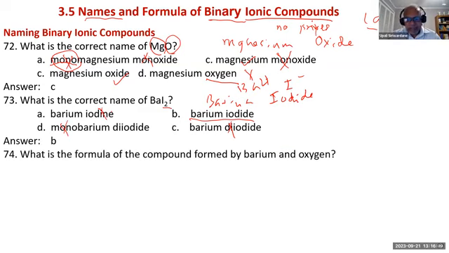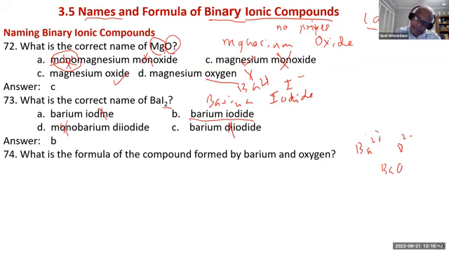What is the formula of the compound formed by barium and oxygen? Barium is 2 plus. Oxygen is 2 minus. Therefore, you write the formula barium oxide.